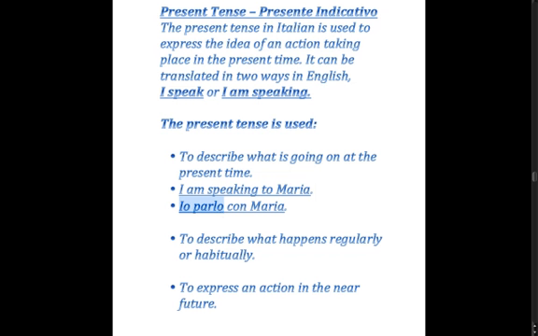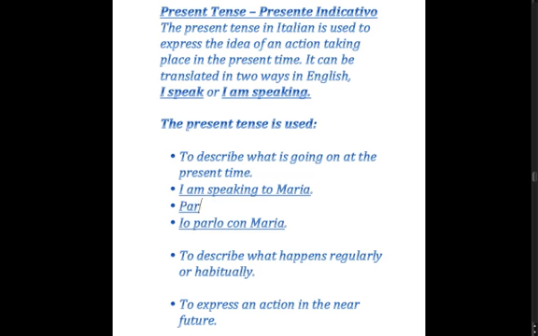You take off the ARE from the verb parlare, and you add the first person ending, parlo.